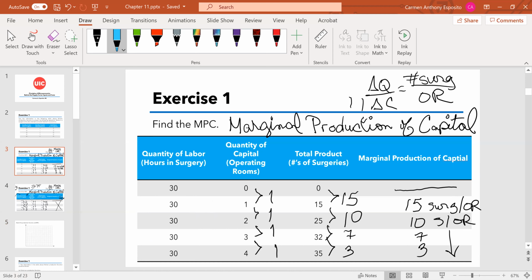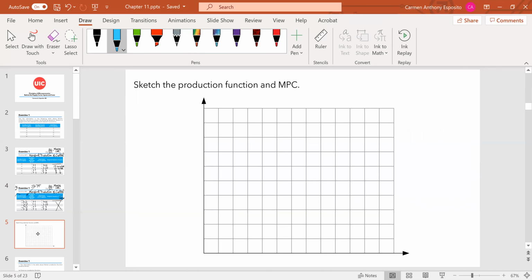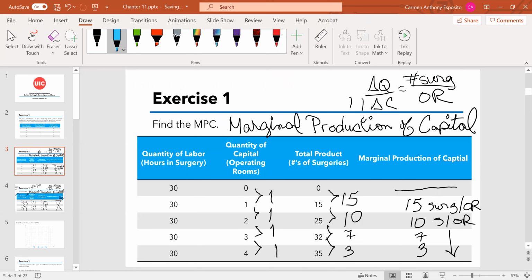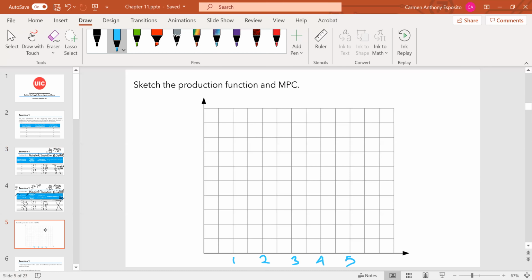How about we label this 1, 2, 3, 4, and 5. Here it only goes up to 4, but when you have, this is capital, or number of operating rooms, and this is number of surgeries.